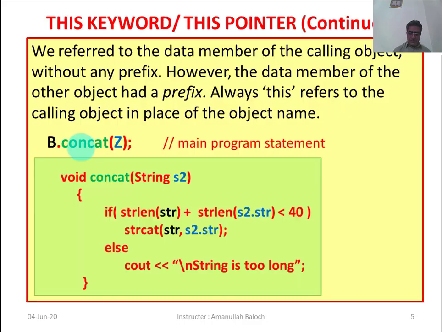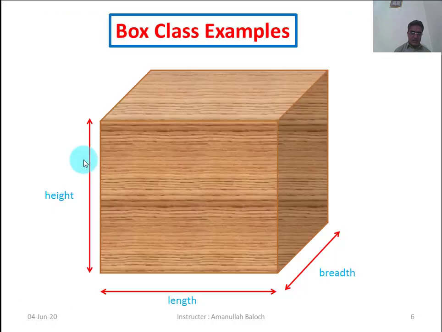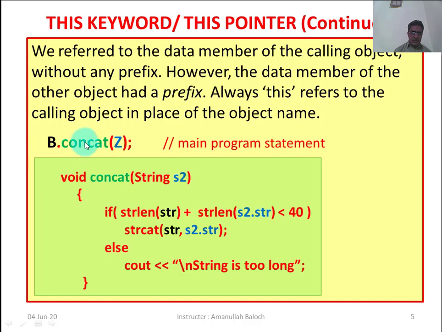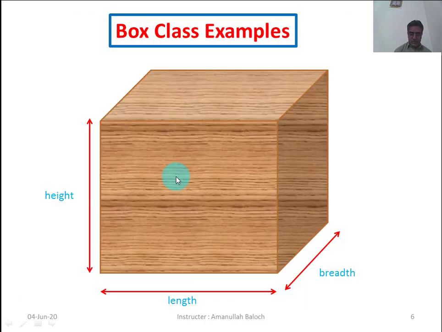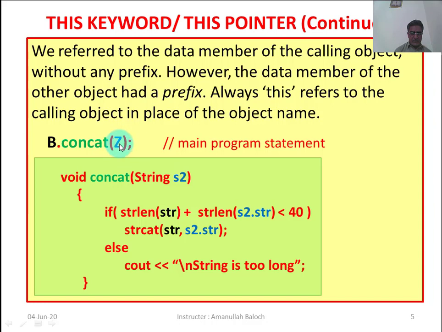What does it mean? Here, the function name is concatenate. You may see here void concatenate string s2. This is the name of the function. The main program is calling this function with the help of this b object. B object is calling concatenate, and the value of z is passing to s2. I have tried to relate them with the same colors.